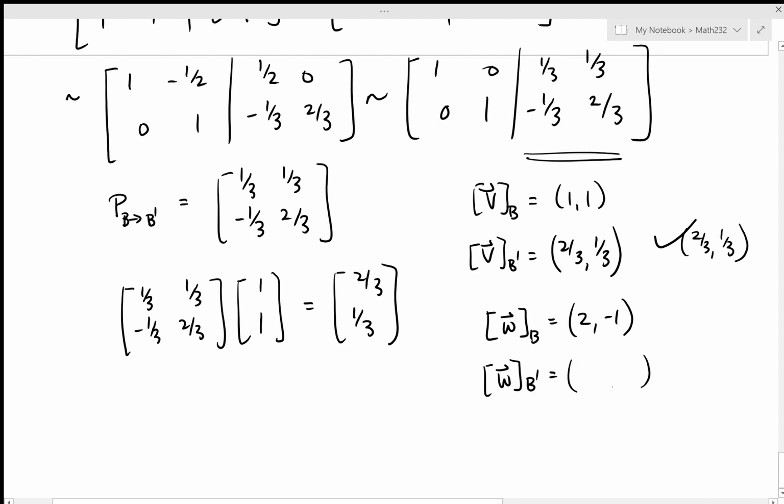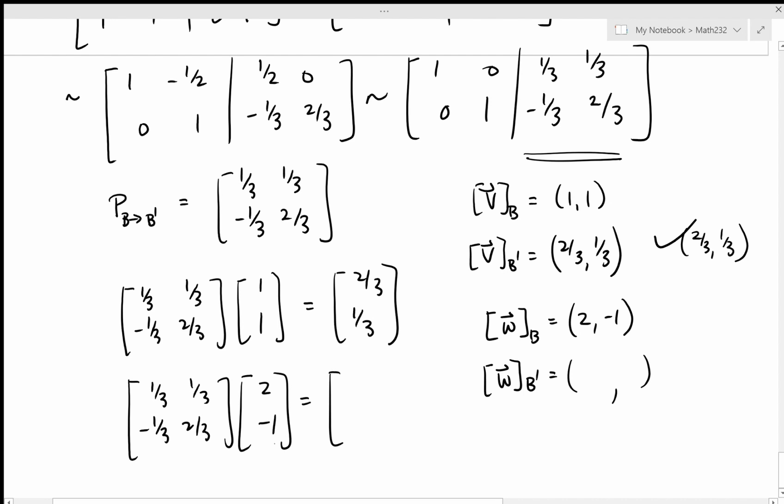What I do is I take that same matrix, 1/3, 1/3, minus 1/3, 2/3, and I simply multiply by this next guy, 2, minus 1. And I get here, let's see, 2/3 minus 1/3, that'd be 1/3. And then I get minus 2/3 plus 2/3 times minus 1, I get minus 4/3. Well, then I put this here, 1/3, minus 4/3. Okay, so now I can do as many of them as I would like.